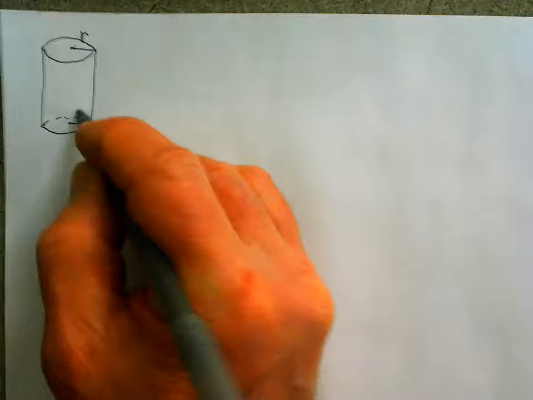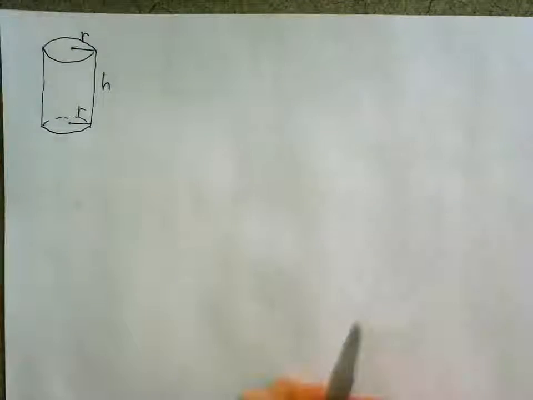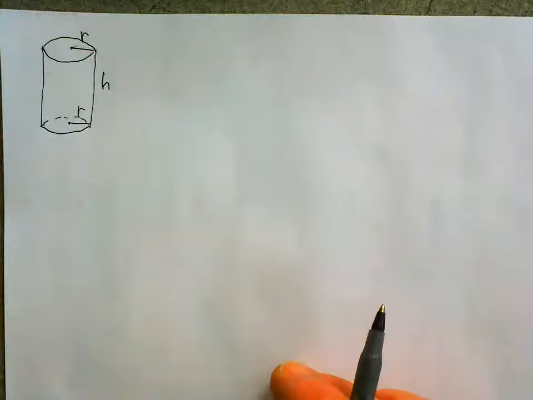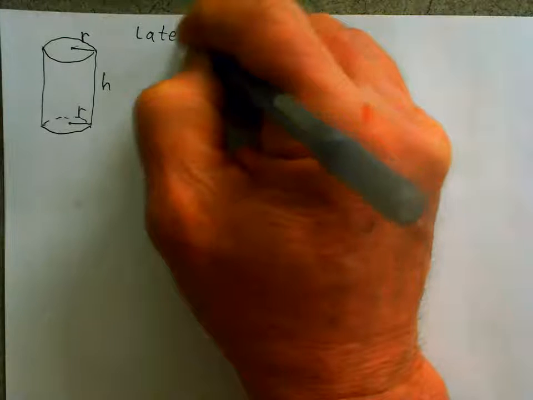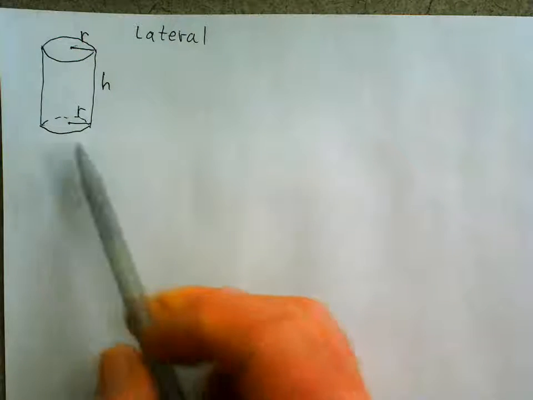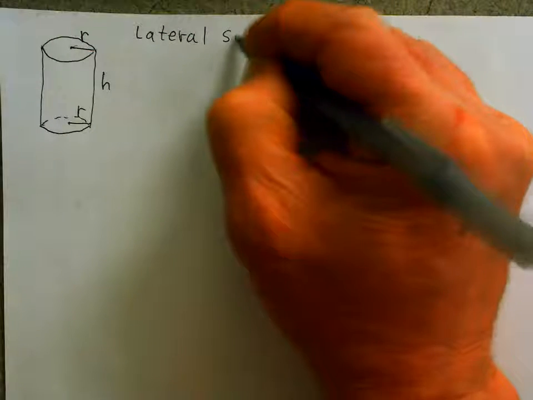We'll say that the radius of the circle at the bottom and the top is r, and it has a height. And we're just interested in the lateral surface area. That's the surface area that omits the circular ends, so the lateral surface area.